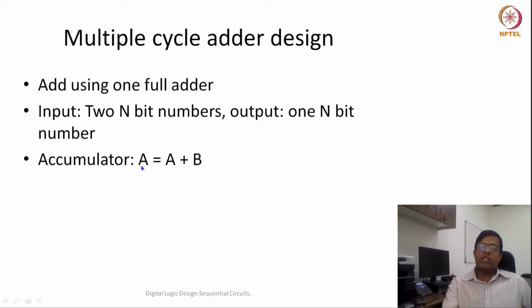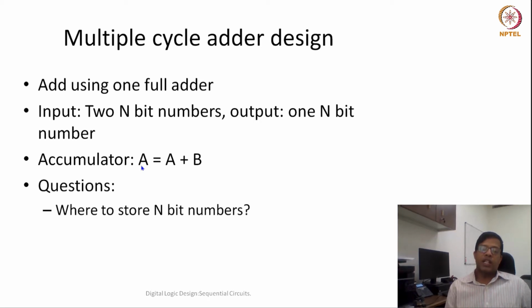Since we would like to design n-bit addition, and on the other hand we have to do this addition using only one full bit adder: one full bit adder will be adding only 3 bits at one time, one bit from A, another bit from B, and one carry in, and will be producing only one bit of sum at one point of time.